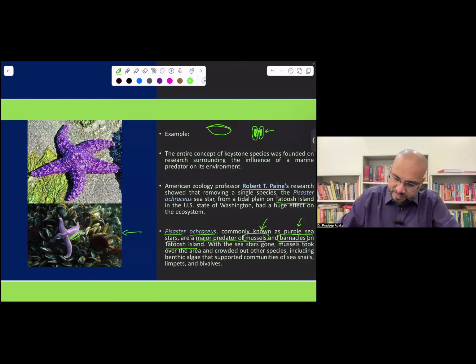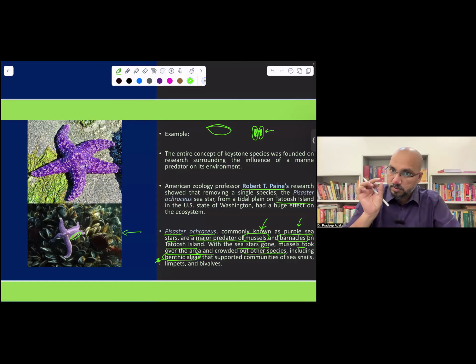With the sea stars gone, mussels took over the area and crowded out other species. That means other species were displaced, including benthic algae. At the bottom, you have algal species that provided food for many communities. So this algae was also removed, and now there is no food for other communities. So mussels took over the entire island.